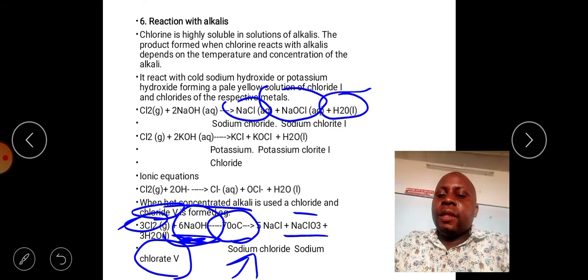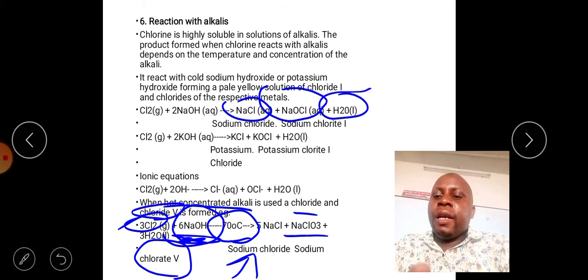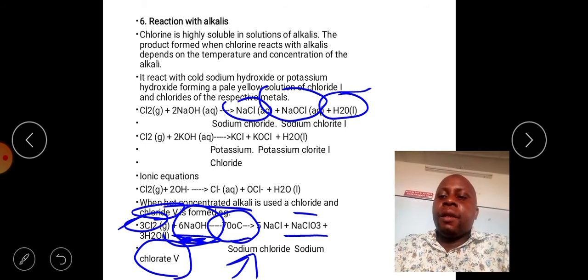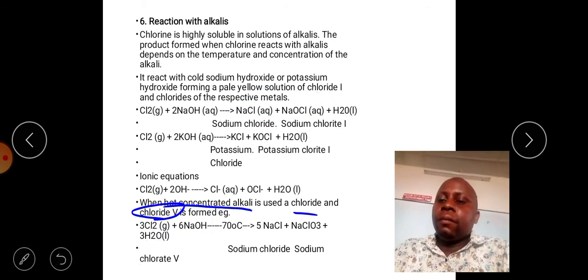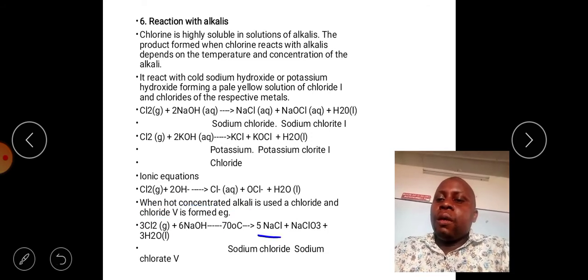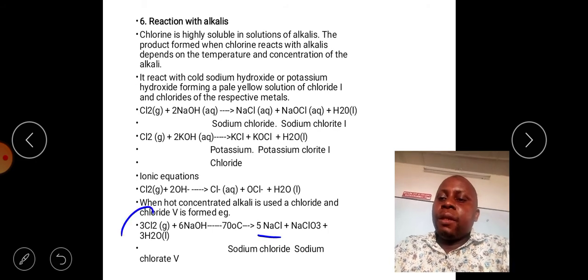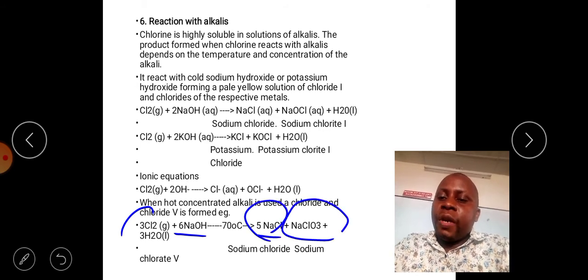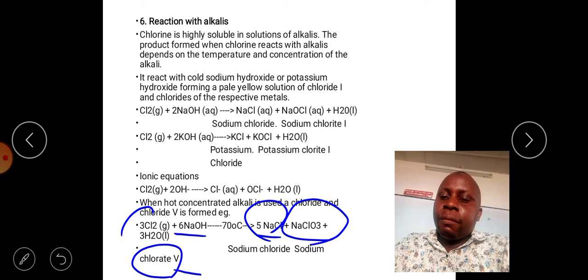On the other hand, when you use concentrated alkali at a high temperature, chlorine reacts with sodium hydroxide, and this forms salts called sodium chloride and sodium chlorate 5. This is the name, sodium chlorate 5.